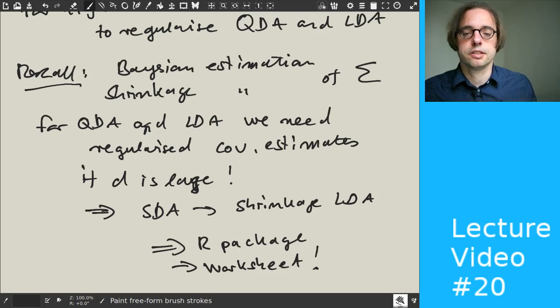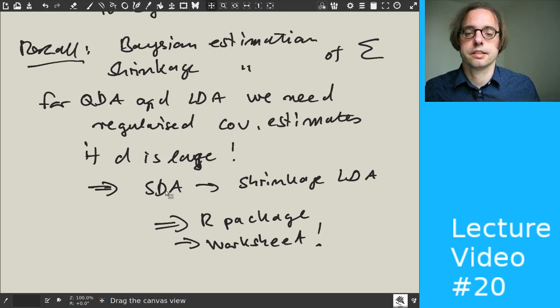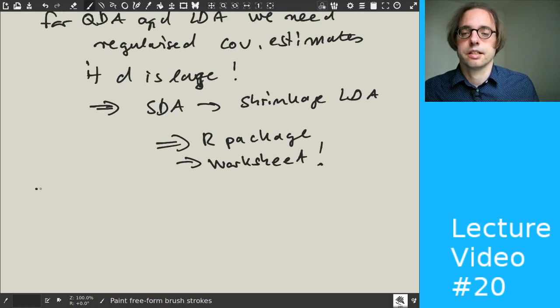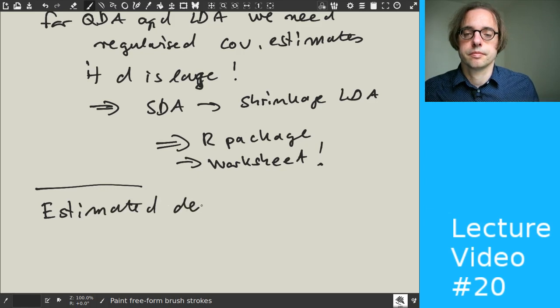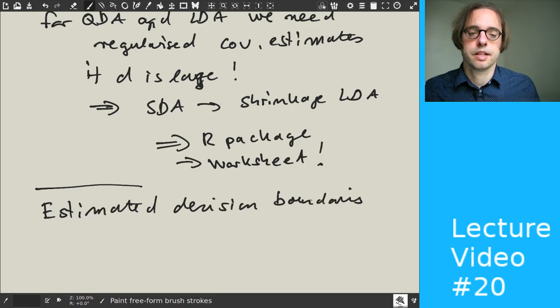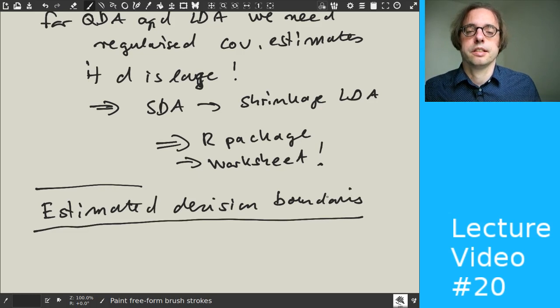So let's also look at the estimated decision boundaries. If we simulate data, or we have some actual data, the first step is to fit the discriminant function, and then we can investigate how these things look.